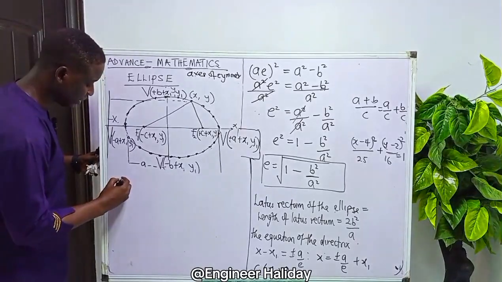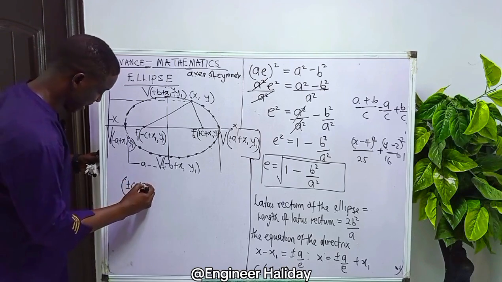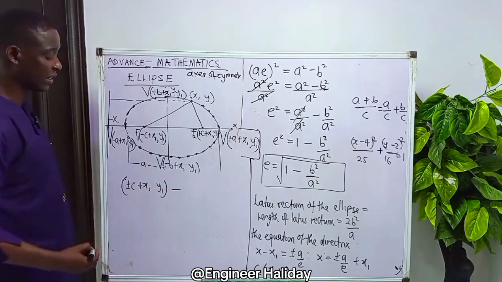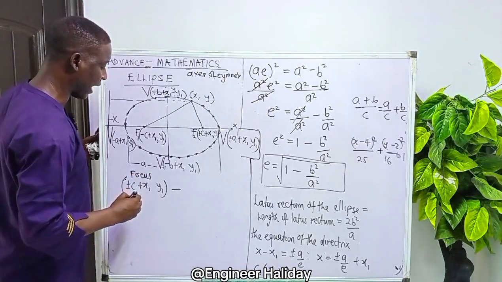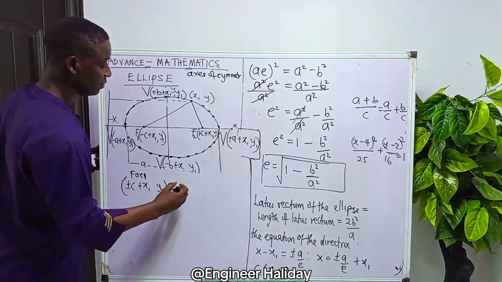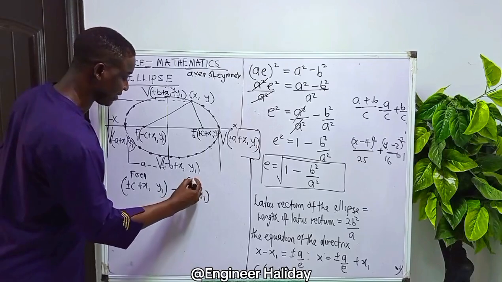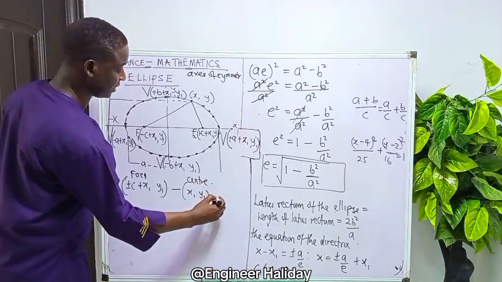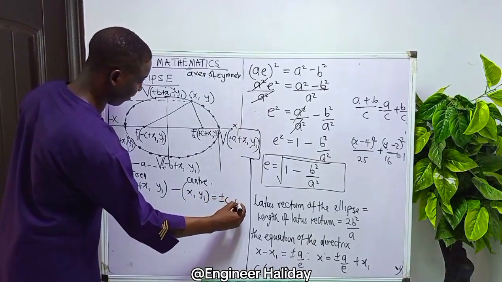The focus is normally plus or minus c plus x1, y1. Now if you subtract the center from the foci coordinate, what you are going to have is plus or minus c comma 0.